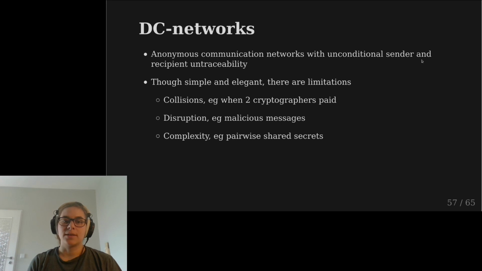If there are disruptions with malicious messages, what if someone lies? There's someone in your group who you don't really trust, and they just keep spamming you with wrong messages. And also complexity, if your network grows and grows, and you have a lot of participants, computation-wise, and everybody has to share these secrets. Is this going to last? And there's all this other stuff that people think about.